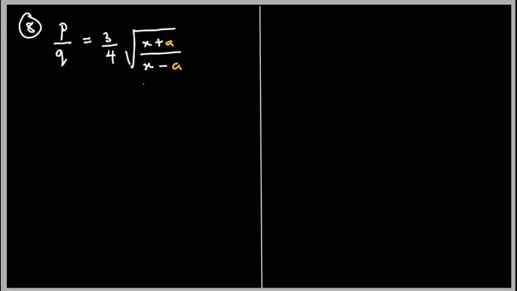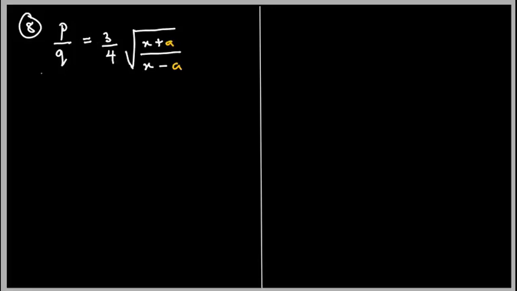This somehow might look complicated to your eyes, but it is not. Take off the things you need to take off gradually. How can we take off 3 over 4?